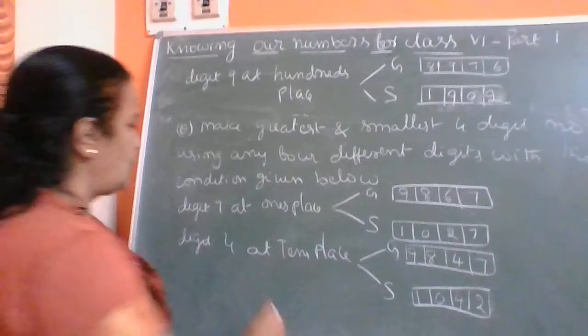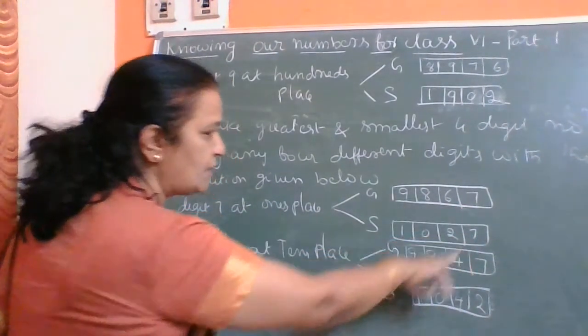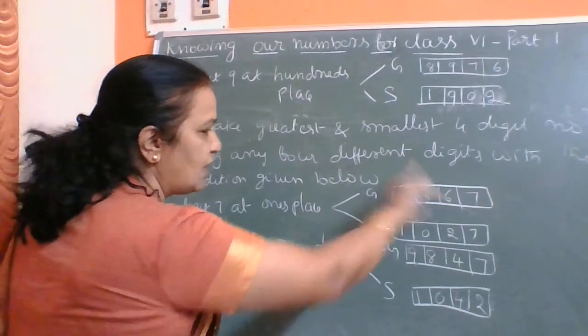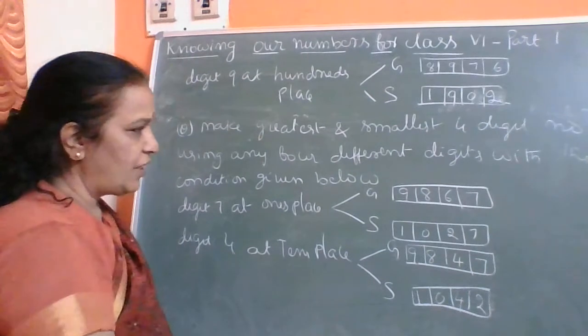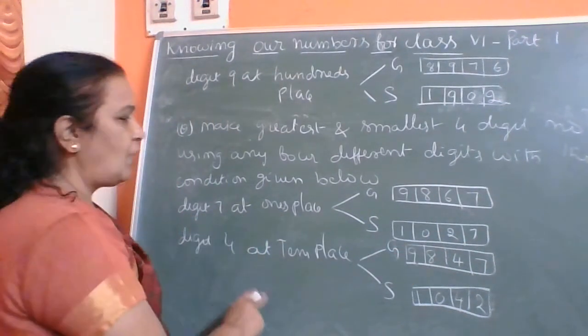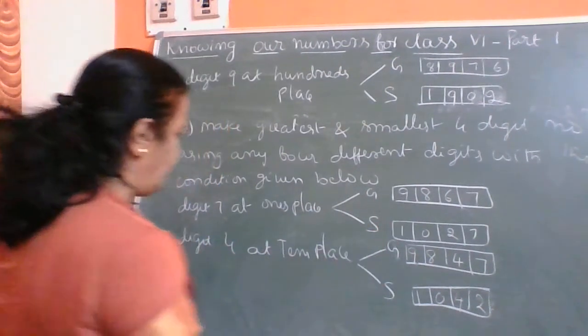Now here, first you have to write 7 at ones place, and the numbers from the greatest are 9, 8, 6 in descending order. And here 7 is there already at ones place, and the number cannot start with 0, therefore 1027.